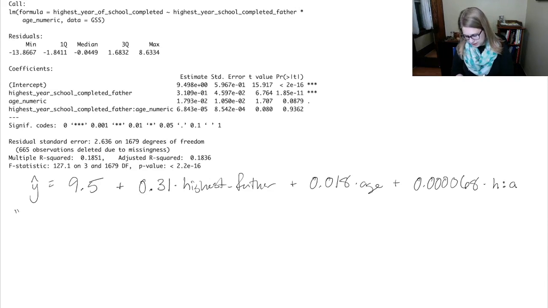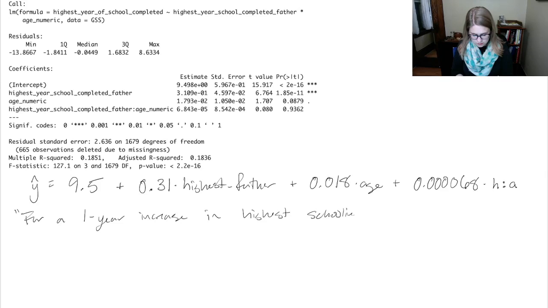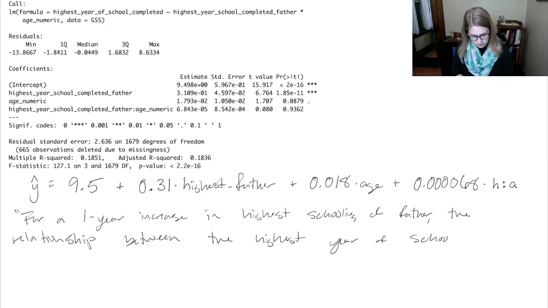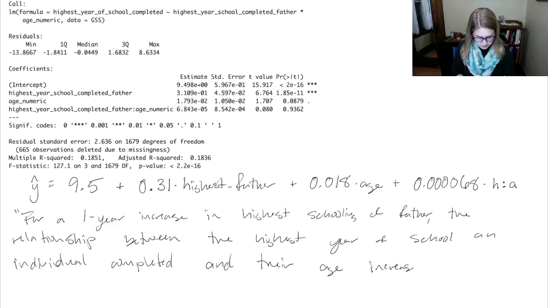The way that I usually do this is I'll say, for a one unit, in this case 1 year, for a 1-year increase in the highest schooling of father, the relationship between the highest year of school an individual completed and their age increases by 0.000068.